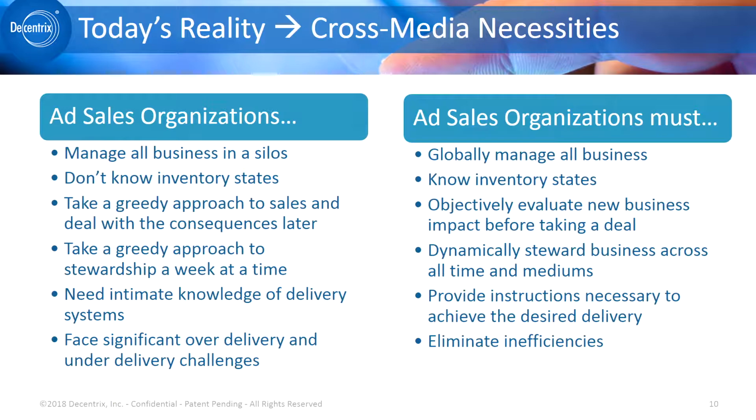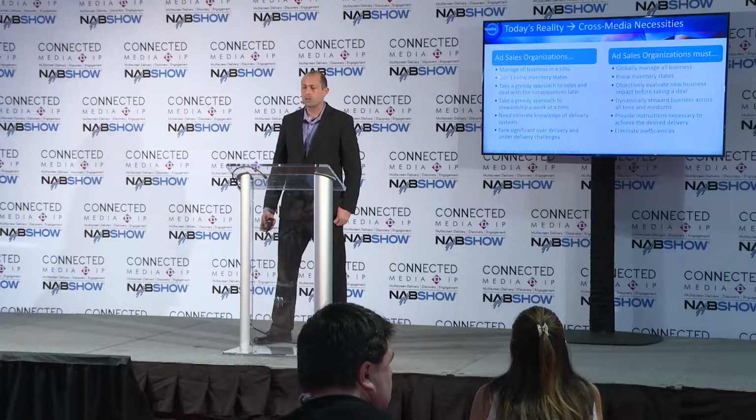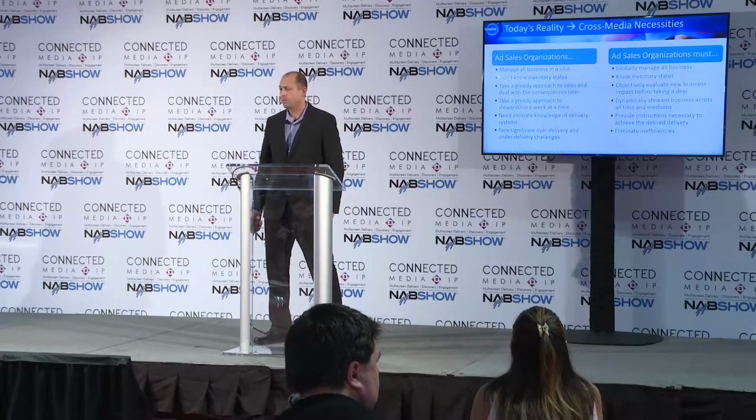So today's reality, right, given all of that, given the limitations of the human mind, organizations manage the business in silos today. They don't know the states of their inventory. People's intuitions about what's going to happen in the future, it's just not great. That's just not what humans were designed for.